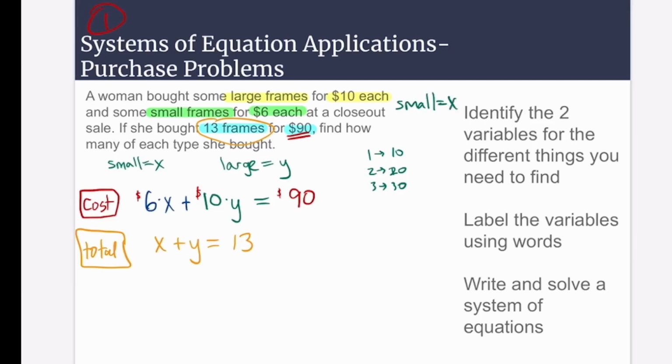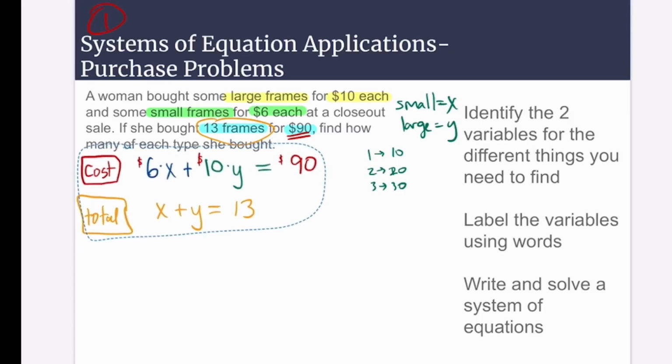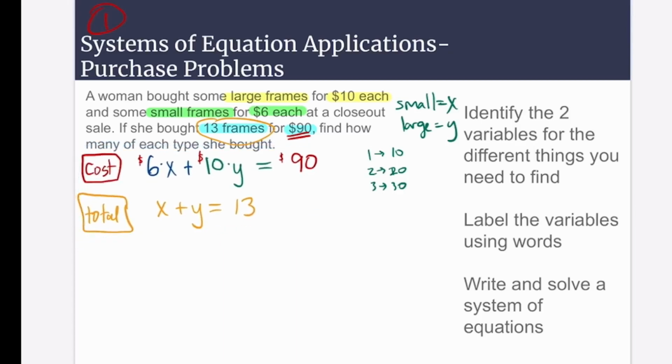So the small frames are x, the large frames are y. So to eliminate, remember we need the same coefficient, but they have to be opposites. So I'm going to multiply the bottom equation by negative 6. I'm going to do it on the left side and the right side.